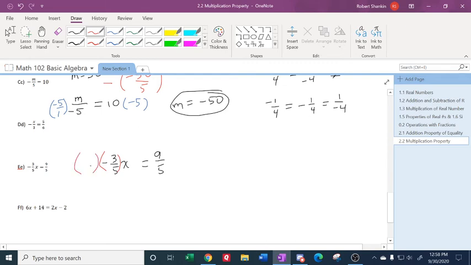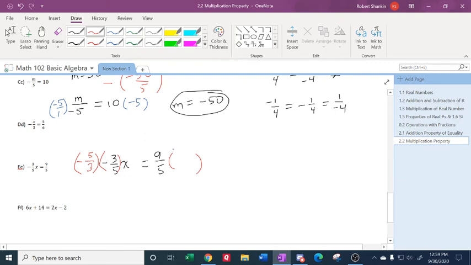I'm going to multiply both sides by, remember, I could get rid of this negative 3/5 by dividing both sides by negative 3/5. But the shortcut is you multiply by the reciprocal. And two negatives would make a positive. So the reciprocal of a negative, you still keep its sign. You flip the bottom one up to the top, top number to the bottom.